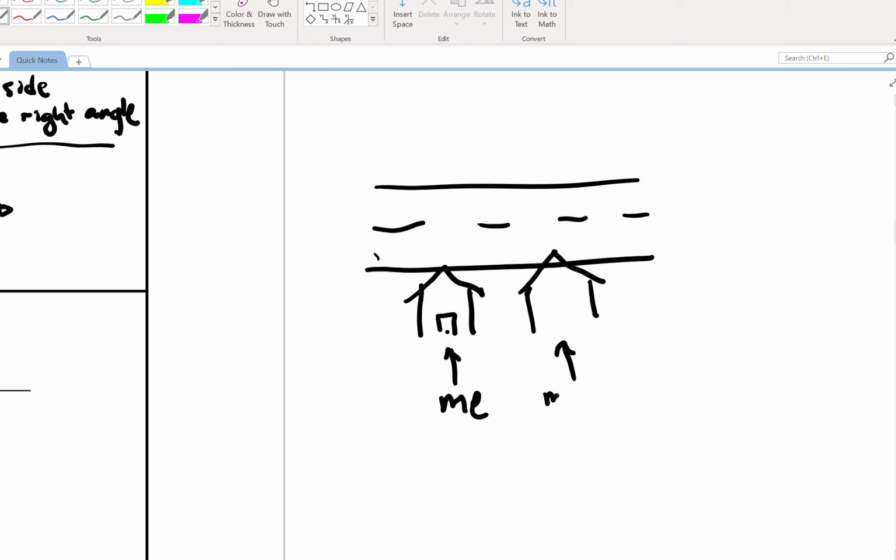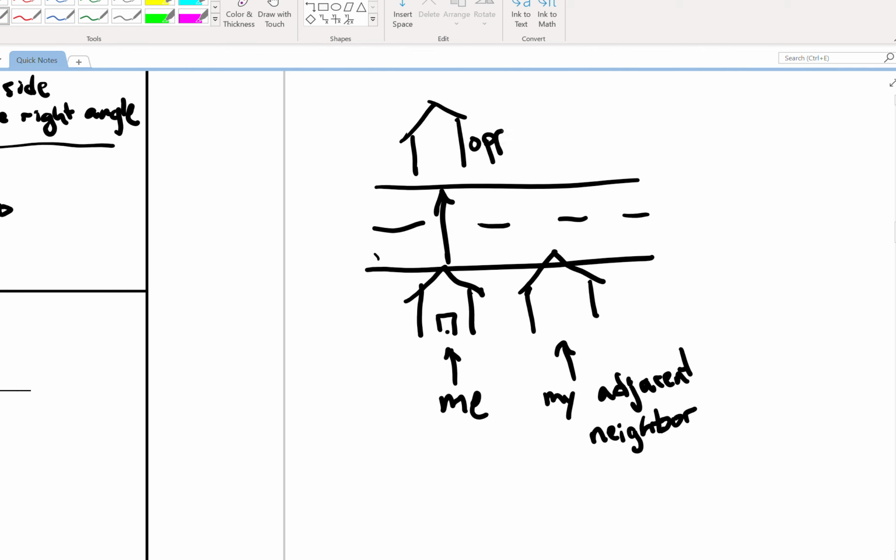We could say this is my adjacent neighbor, the house that is adjacent to mine. Adjacent is next to. And if there was a house over across the street, we would say that one is the opposite. It's the opposite side of the street. And so adjacent is next to.